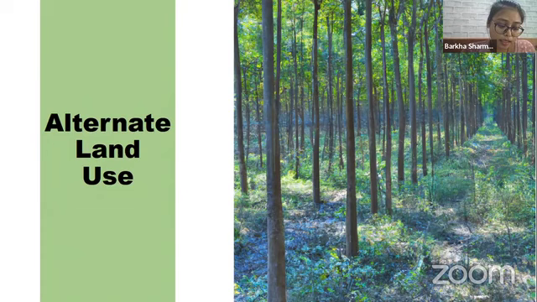For example, sisal, mahogany, eucalyptus, poplar, bamboo, neem, sesame. They can be grown for their non-edible products like biofuel, timber, or just developing the green belt around the city. These plants improve the groundwater quality and they also remove the heavy metal from the soil.